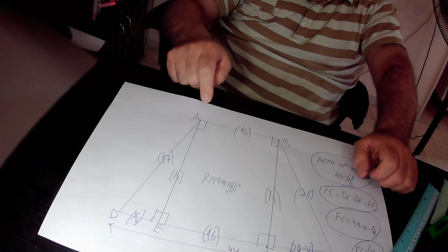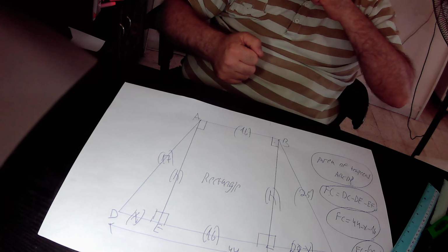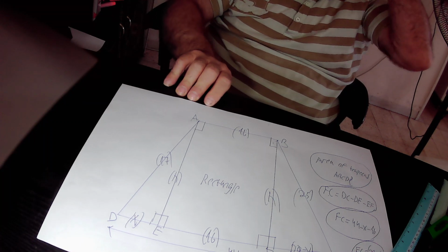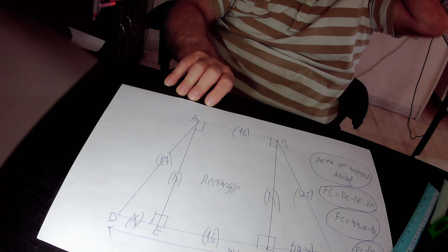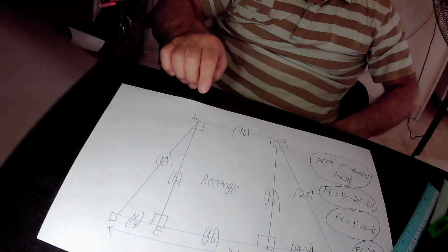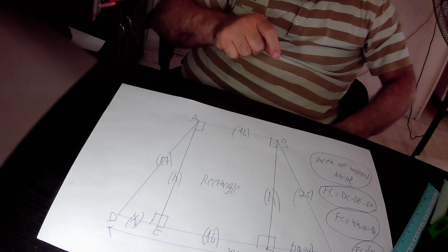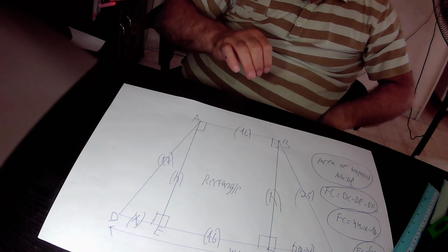So inside the quadrangle ABFE we have 4 right angles, and according to rule 5, any quadrangle that has 4 right angles must be a rectangle, if not a square. So quadrangle ABFE is a rectangle because it has 4 right angles. We also know that the opposite sides of a rectangle are equal to each other.